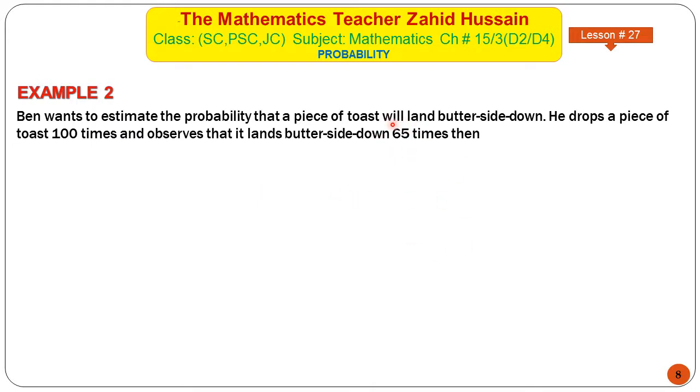अब इसने एक्सपेरिमेंट नहीं किया, उस एक्सपेरिमेंट का रिजल्ट बता दिया आपको कि if a toast is dropped 100 times, so out of 100 times the toast lands butter side down 65 times. So how you will find the probability?